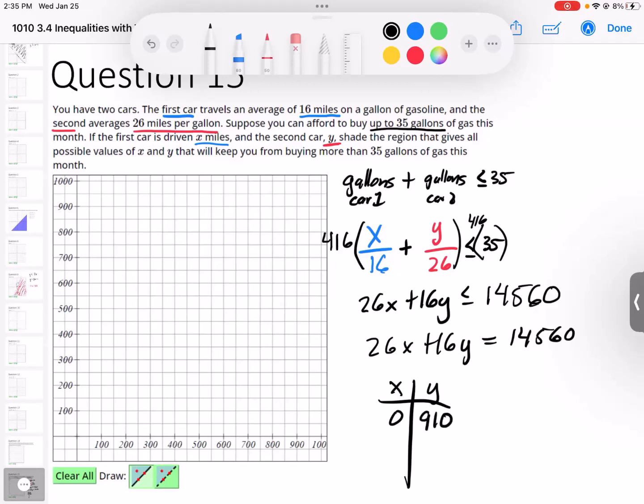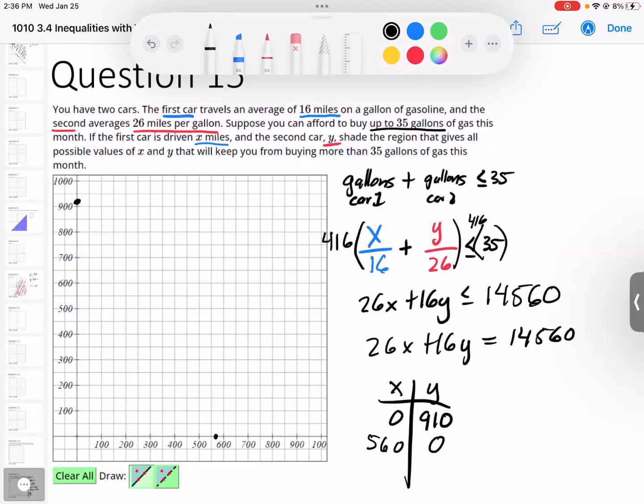Okay, and then if y is 0, then that number divided by 26 would be 560. Okay, awesome. So that tells me my y-intercept is 910, which is going to be right here. And my x-intercept is going to be 560, which is right here.